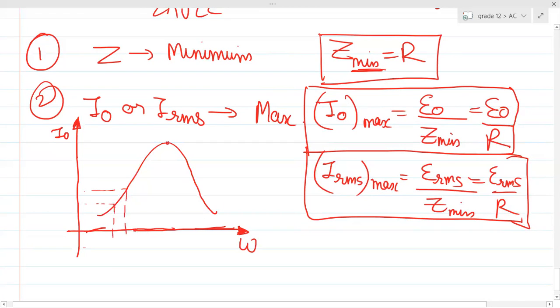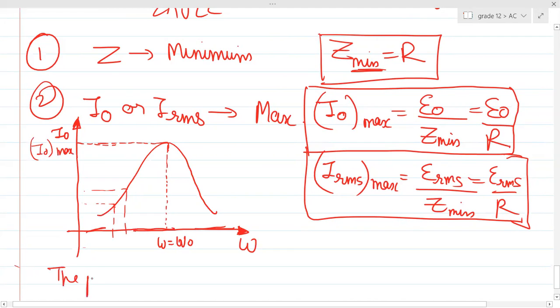At one particular frequency, or one particular omega, which is equal to omega naught, the peak current becomes maximum of all the peak currents which are possible at different frequencies.